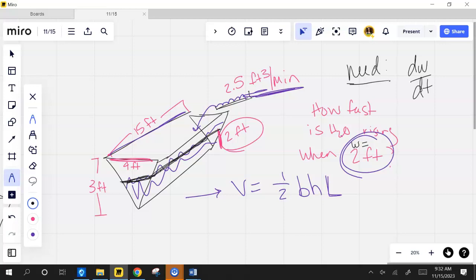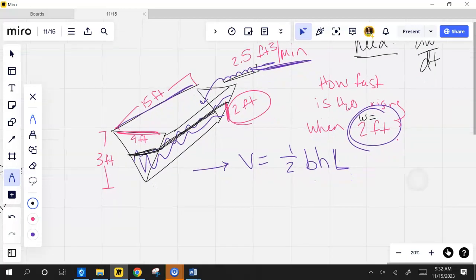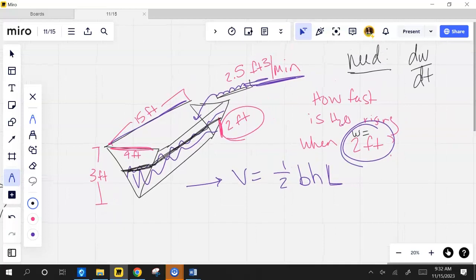Oh dear. How am I going to relate all this together? Somehow I've got to get a W somewhere in here, right? How am I going to do that? What do we have? We have length, we have base, we have height.